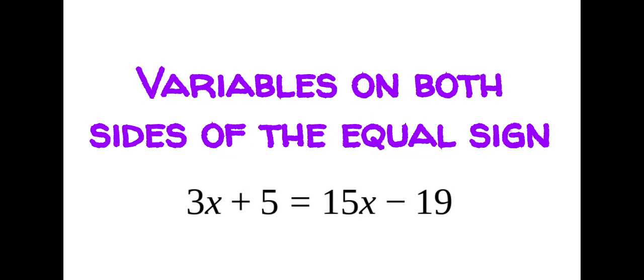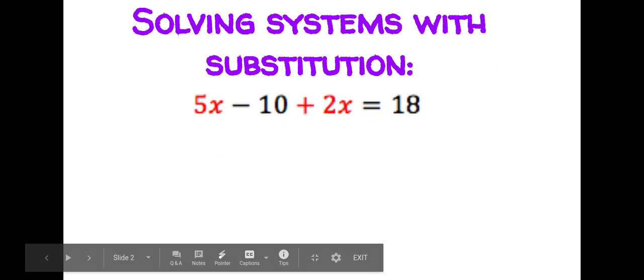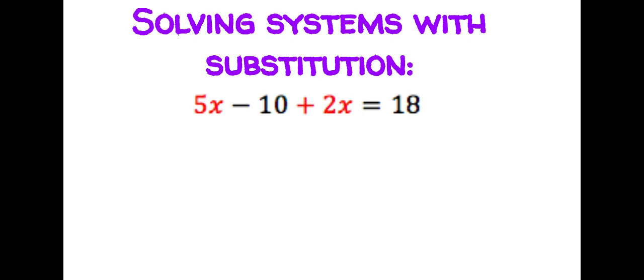All right, so what I'm going to take you guys through today is equations that have variables on both sides of the equal sign. So this looks like the equation below. What you guys have been working with up until now is solving systems with substitution. So you might see something that looks like the equation below.